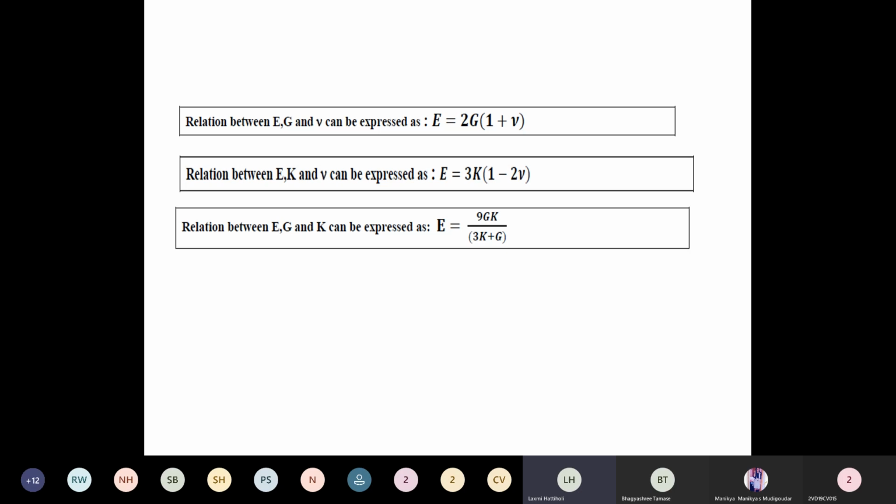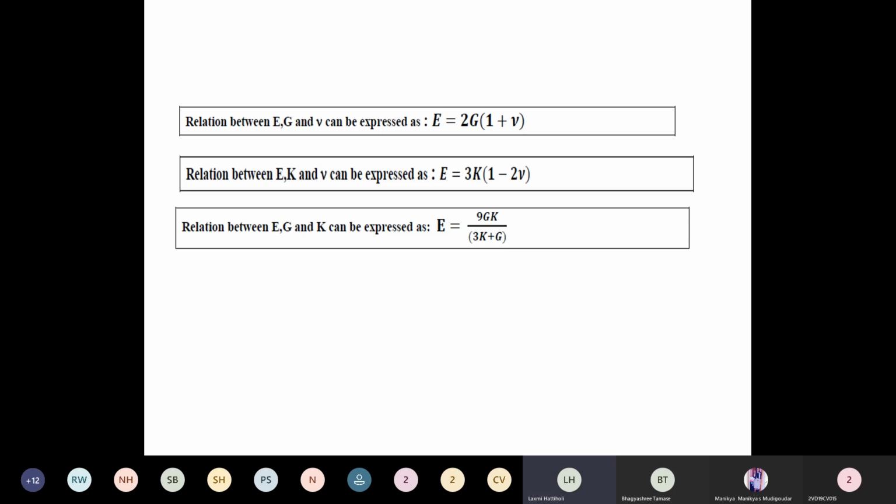That's why I said that using all the three equations, you can calculate any of the unknowns: Young's modulus, bulk modulus, rigidity modulus, or even mu, Poisson's ratio. Sometimes he'll give you E and G and ask you to calculate the Poisson's ratio. So you're supposed to remember all these three equations and use them mathematically to calculate the unknown quantities. Is that clear to everyone?